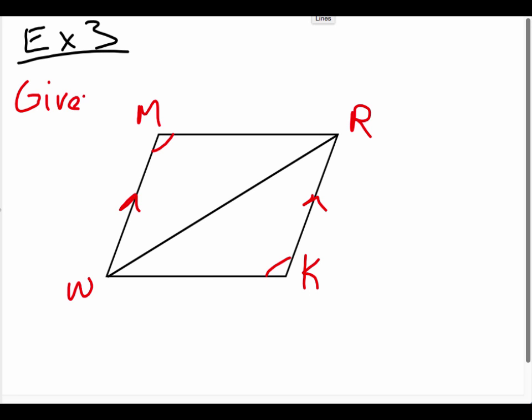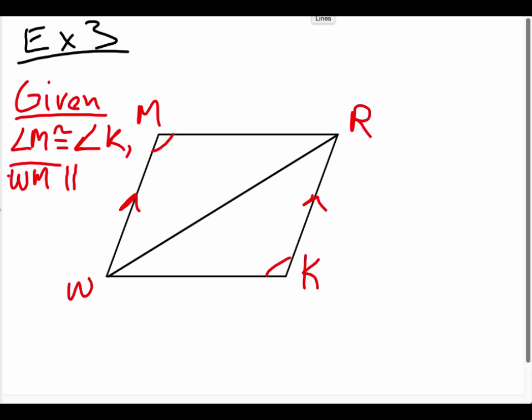Given: angle M is congruent to angle K. Why can't I draw the letter K today? And the line segment WM is parallel to the line segment RK.